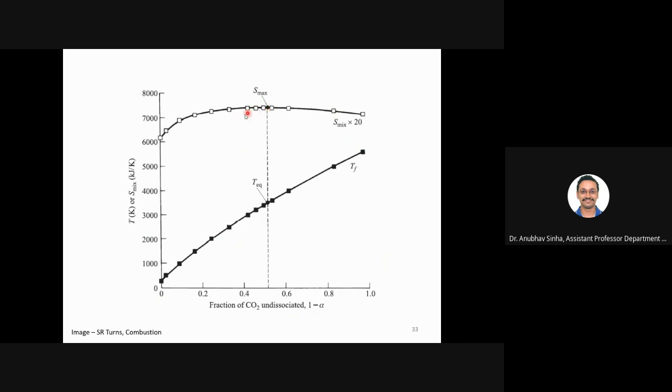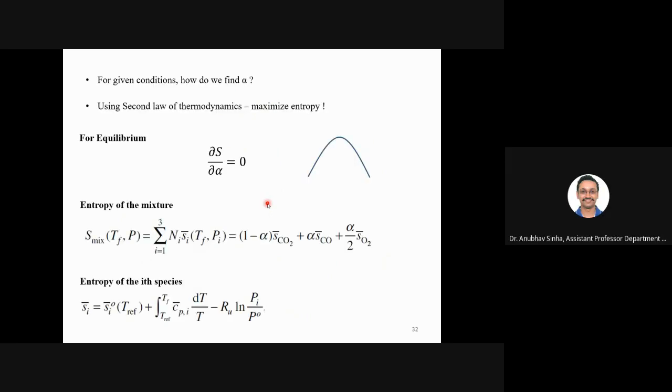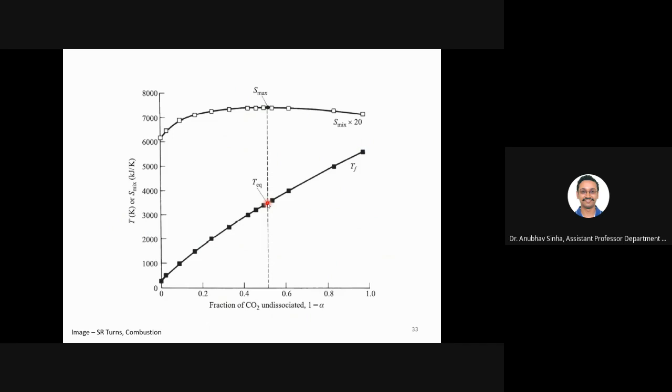This is your entropy maximum, and this will give you the equilibrium composition, and this is the temperature you will have. So we have entropy variation with alpha and temperature variation with alpha. Now we find out the S max, and there we have the equilibrium temperature. Is this clear? Fine. This is exactly what we have discussed in this slide. Only some actual numbers are put up. That's all.